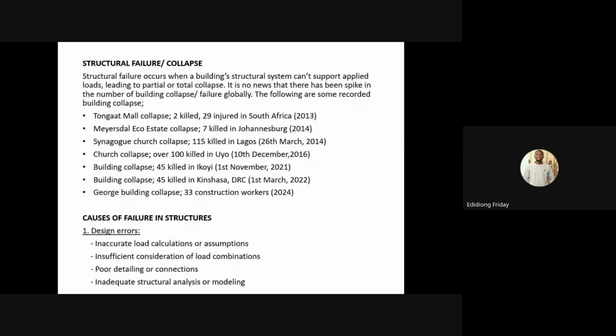I was privileged to be asked to look at a building which had visible structural cracks, and after we engaged, we went ahead to chisel the affected structural elements to see what was actually the problem, see the reinforcement used.